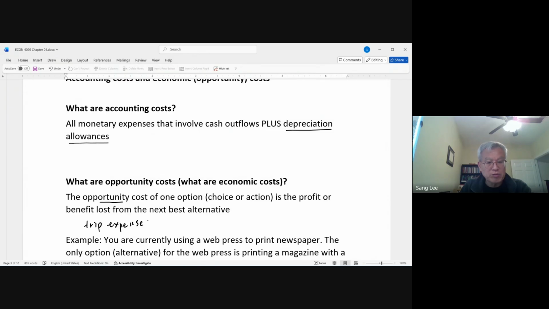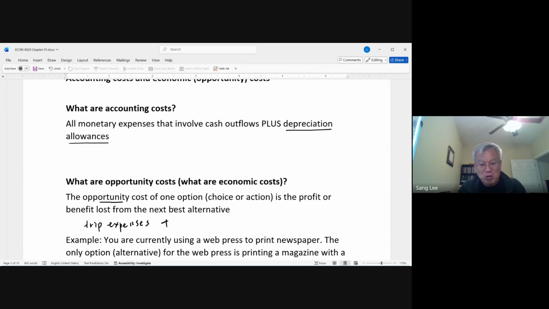That includes food, the airfare, or the car fuel or whatever, plus the profit or benefit lost from the next best alternative. So what would you do if you did not join the spring break trip? Then you would want to work, earning your weekly income.